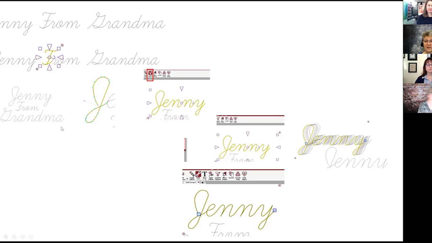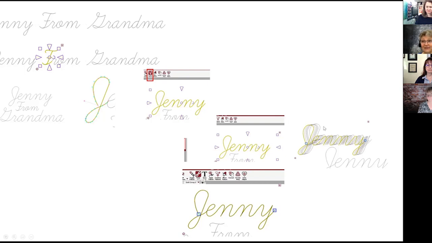So then I arranged them and made some bigger, some smaller. They're patterns. And with this initial J, there was a jump stitch on there. So I did have to divide off that jump stitch. And then I combined all the patterns. And what I can do is rubber stamp those patterns. And so I get a ton of them.